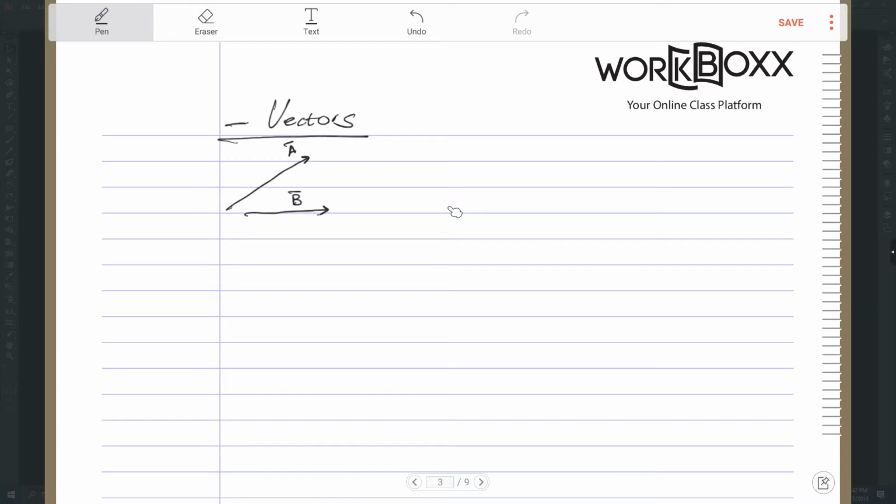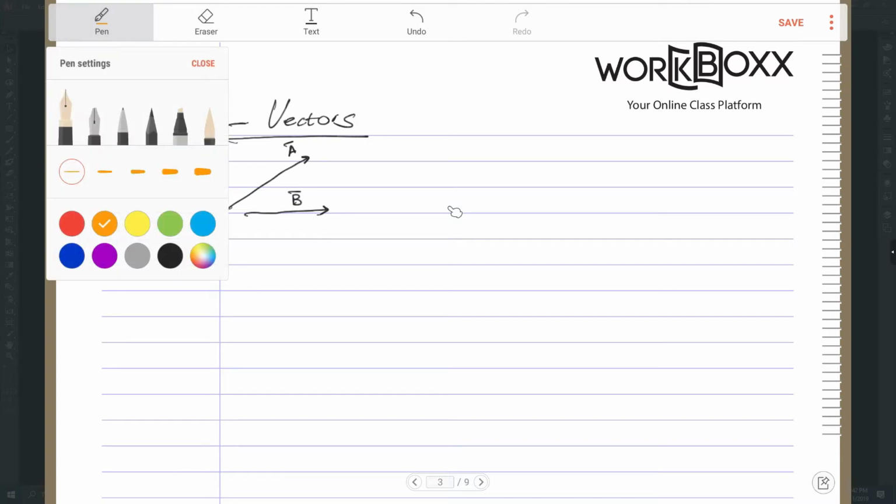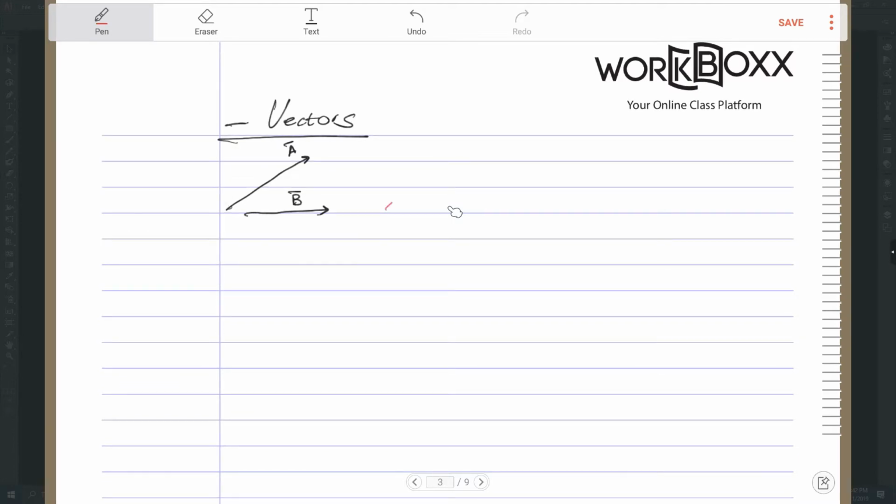The first thing that you do is draw your vector A. This time you're subtracting, so you're going in the opposite direction to vector B. Remember, you draw them tail to tail. So this will be your vector B.